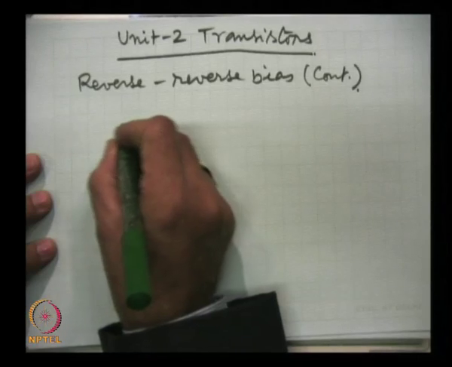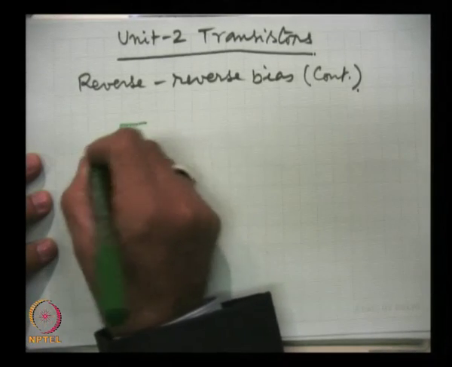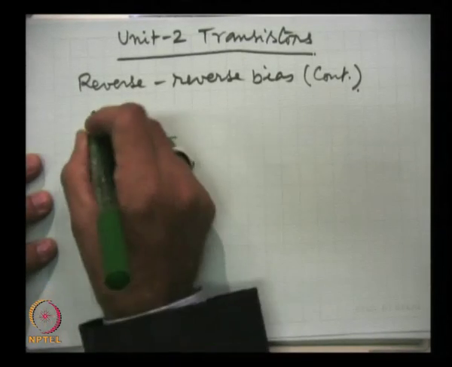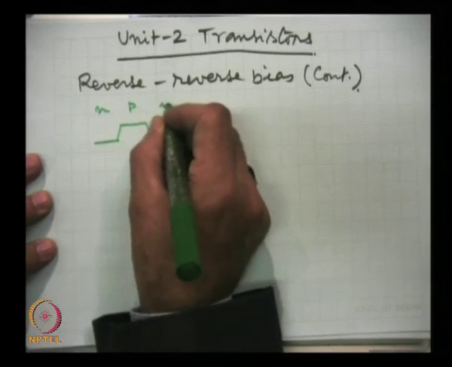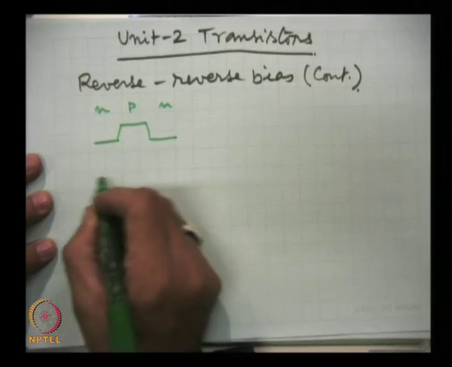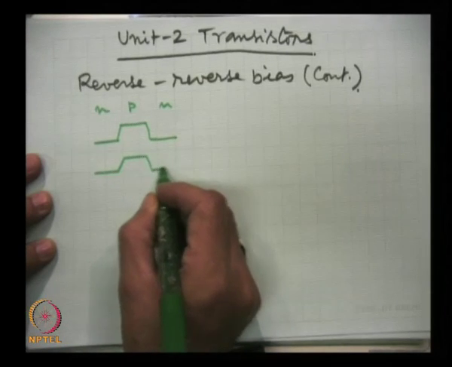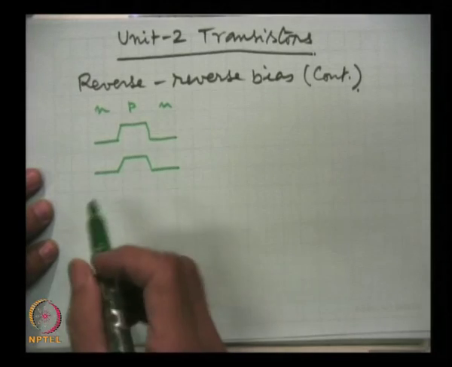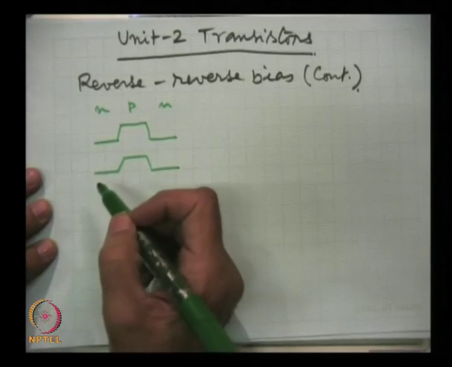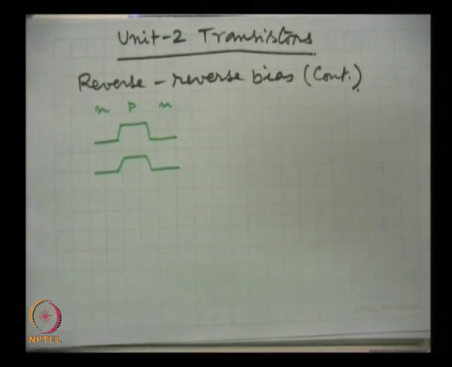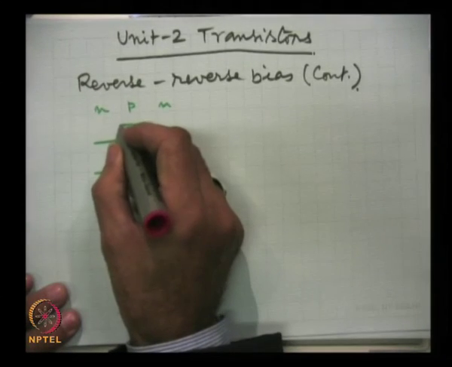This thing can be shown, reverse bias can be shown, through a potential energy diagram. This is N, P, N. This was the potential energy diagram in equilibrium when there was no field. Now we have reverse bias, and you will recall that in reverse bias the potential hill increases.